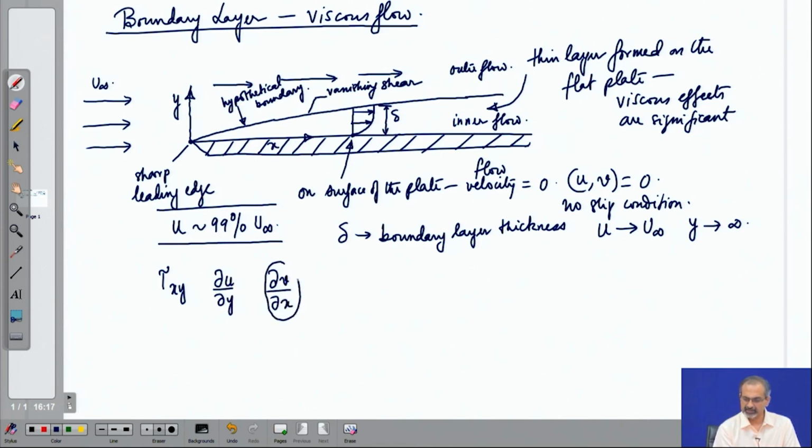Typically, del v del x is a small term, but del u del y is a significant term because a very large change in velocity from a value of 0 to nearly u infinity occurs within a very short distance, that is delta, and therefore, the ratio is large. So, as this gradient becomes very small, that is when the velocity is changing very gradually, typically in the outer extent of the boundary layer, we say that we have reached a region where the shear stress is vanishing.